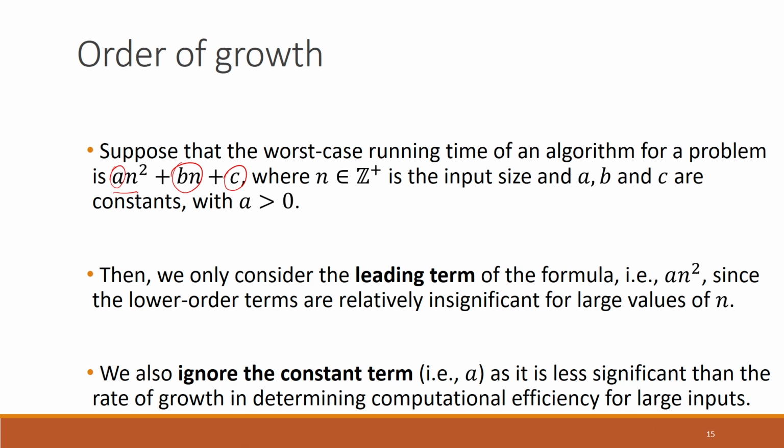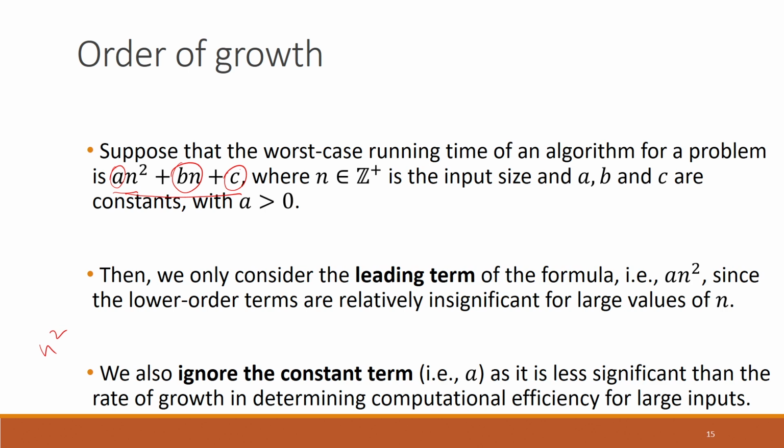So, the constant will actually not matter as the size of the problem increases. That is why in this whole expression the most important thing is n^2. The constant a and the other two terms bn and c are not that important.